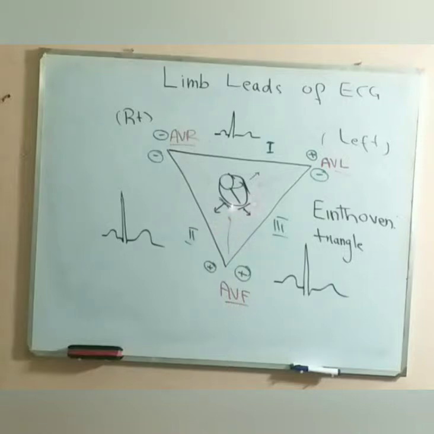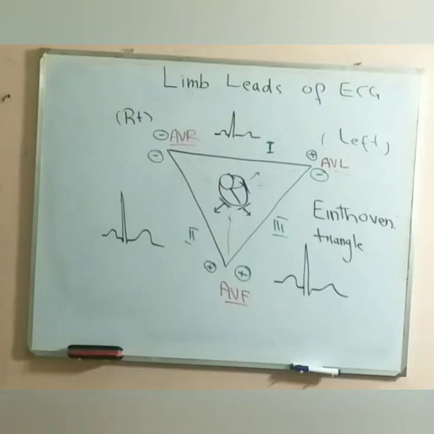But if you concentrate once more, electrical activity of the heart is going towards all of these sides except AVR. AVR is looking at the heart from the back side. This is exactly as if you are standing backstage and you see everyone going away from you. Take the analogy of a concert: the people in front of the stage are looking at the performers, and the performance is coming towards them, but the person standing in the backstage area sees everything going away.